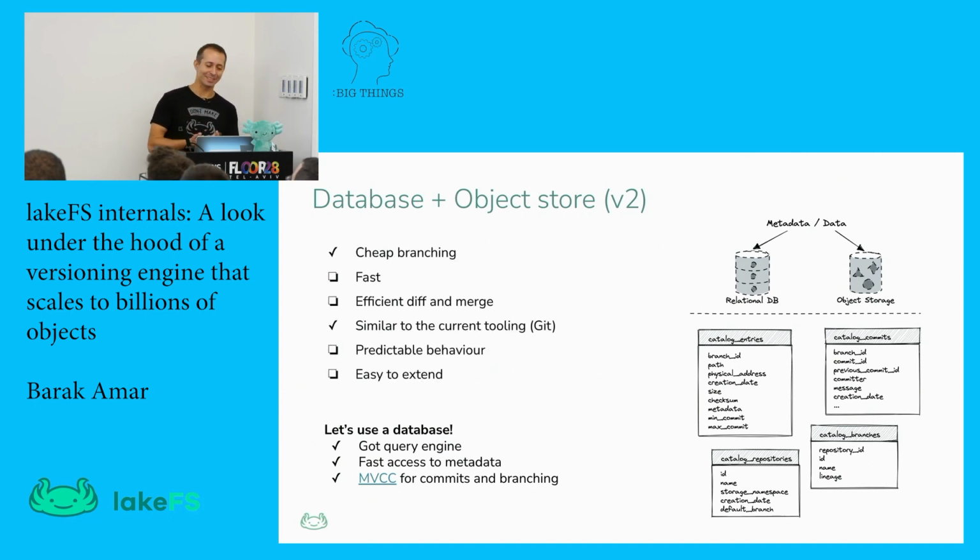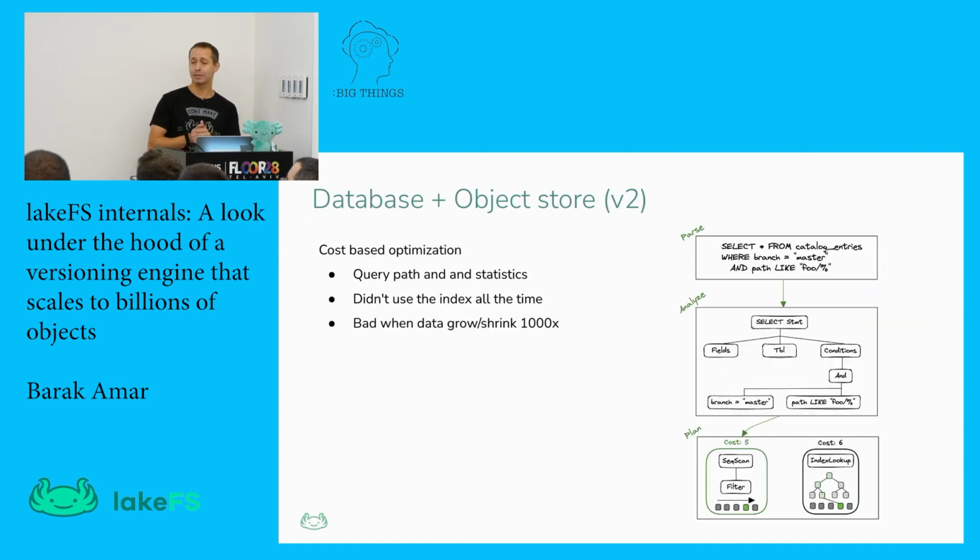It was very cheap branching, it was the same referencing, and this time I was just querying the information from the database. The listing was working fast, it was very fast, until one point, it was working very fast, and it failed.